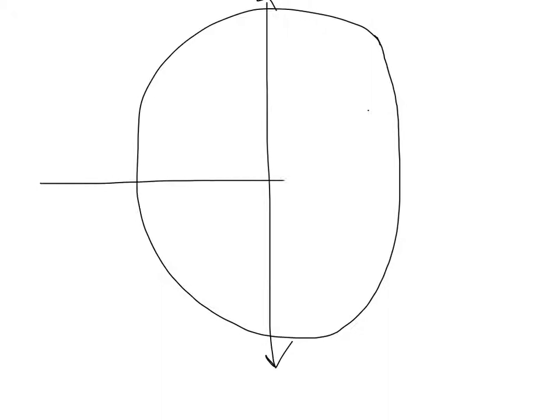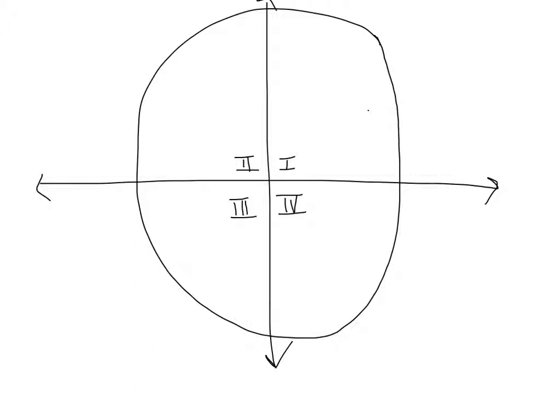Okay, now we're going to look at drawing angles in standard position. So I'm going to draw the unit circle back with my coordinate plane. And don't forget the quadrants. They go 1, 2, 3, 4.